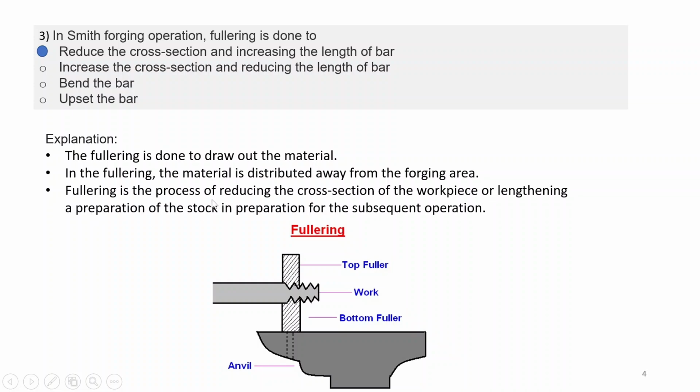Fullering is the process of reducing the cross section of the workpiece or lengthening the stock in preparation for the subsequent operation. So it is one of the middle processes, it won't be the complete final process. This is how the fullering operation is performed.